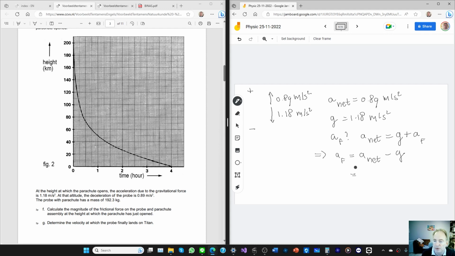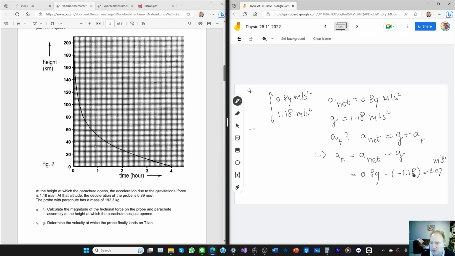And this is 0.89. And the gravity is in the negative direction, so minus negative 1.18. And again, be very careful with signs here. So this is, what is it, 2.07 meter per second squared.